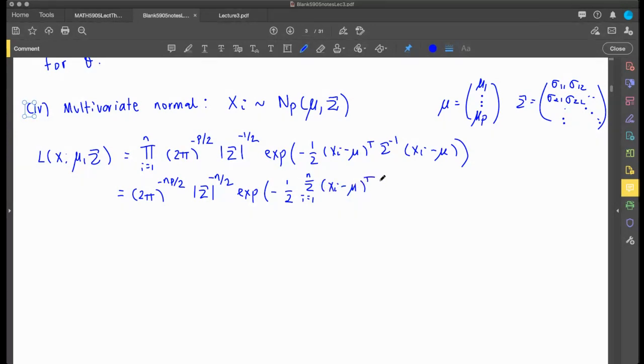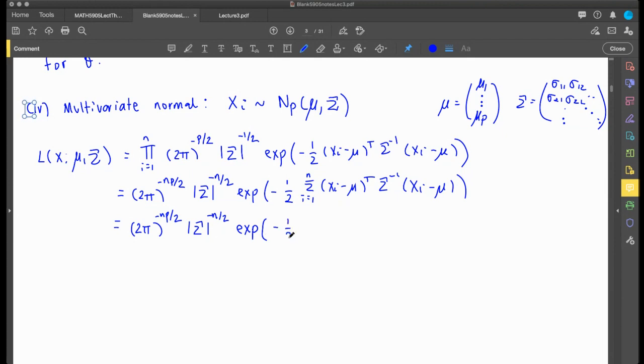Xi minus mu transpose, sigma inverse, xi minus mu. Now, what can we do? So this can still stay the same. Remember, we're most interested where we see a mu and a sigma, because that will tell me where my sufficient statistic may be lurking.